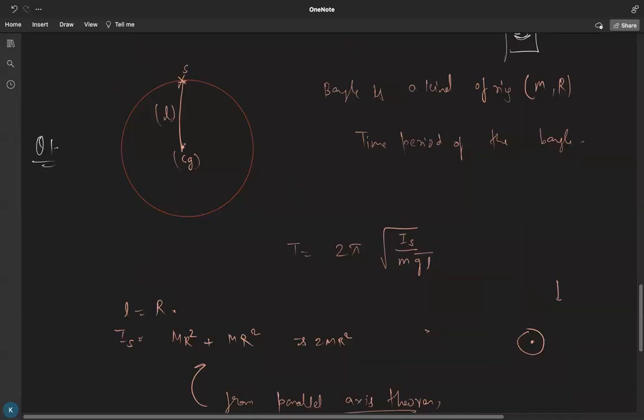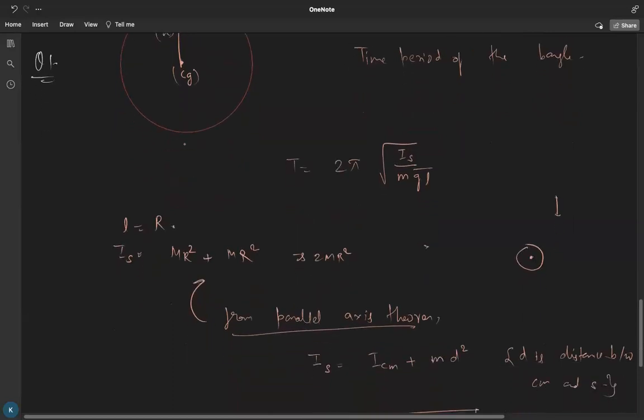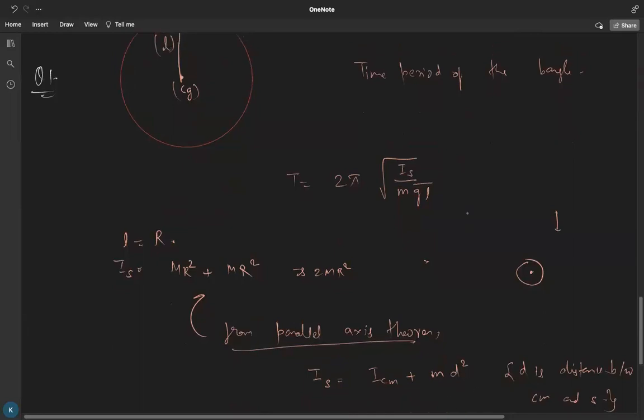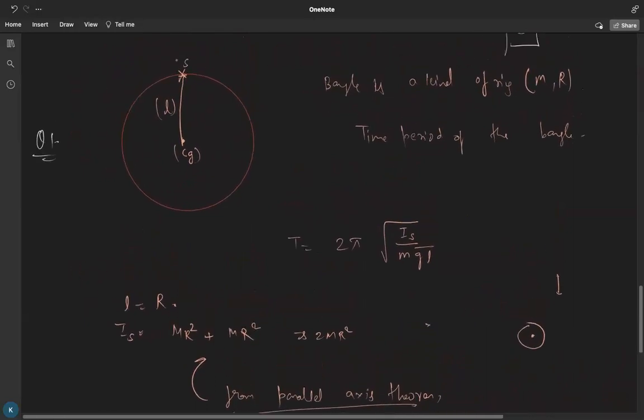Now the next thing you have to do is find the moment of inertia about the suspension point. We are using the parallel axis theorem because both axes are parallel to each other. In the parallel axis theorem, I about the suspension point is equal to the moment of inertia about the center of gravity or center of mass plus md square, where d is the distance between the center of gravity or center of mass and the suspension point.